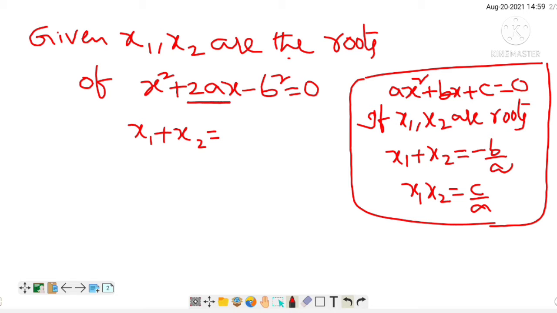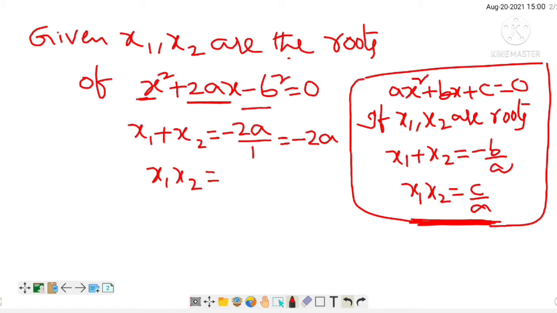Here the x coefficient is 2a, so minus 2a by the x square coefficient 1. So x1 plus x2 is equal to minus 2a, and the product of roots x1 x2 is equal to c by a. Here c is minus b square and a is the x square coefficient, that is 1. So x1 x2 is equal to minus b square, right?